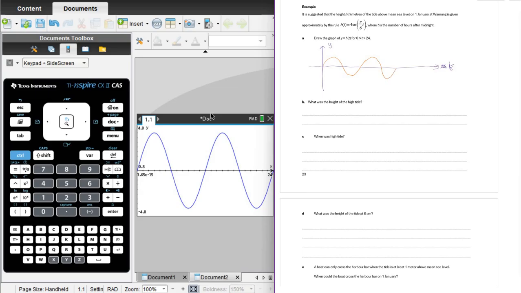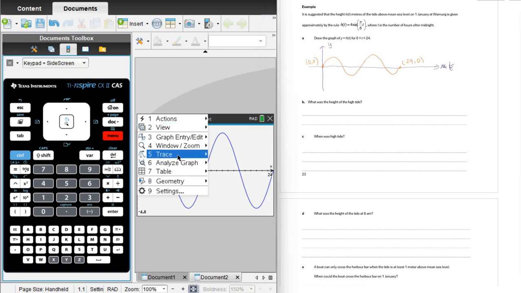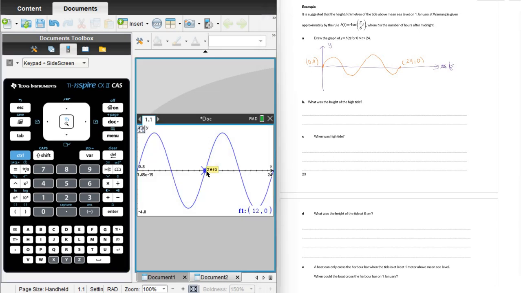You get the gist there, okay? This part here is at 24, and so that's 24, 0, and this is 0, 0, which does check out for a sine graph.